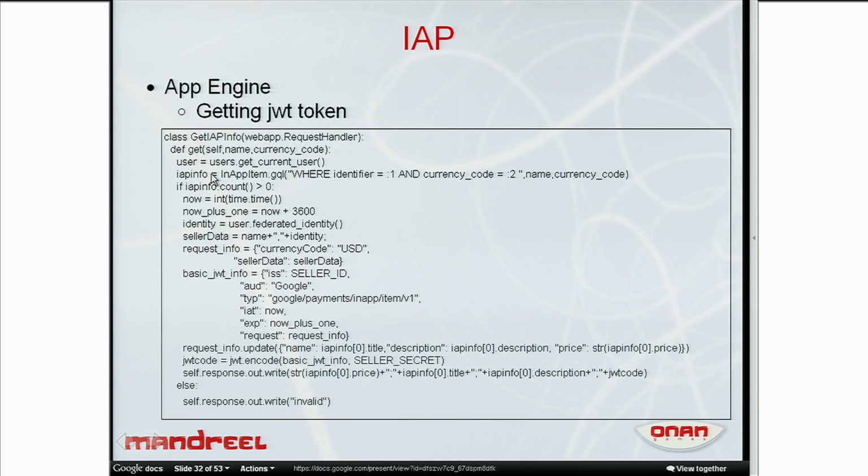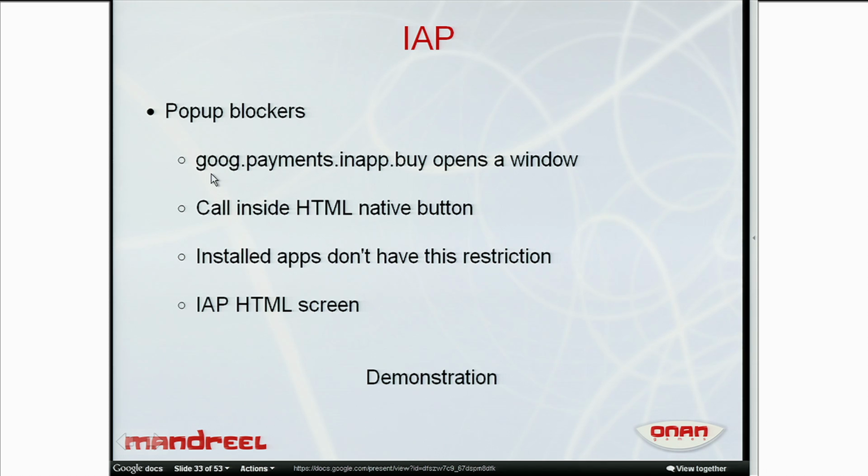This is the code we are using to generate the in-app purchase token for Google In-App. It's really simple Python App Engine code. With in-app purchases, we have a problem with pop-up blockers.